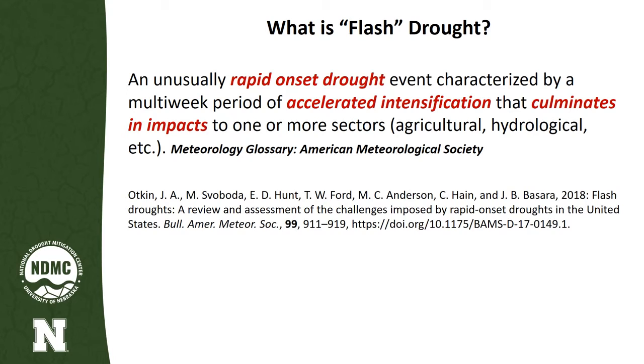In general, though, if I could borrow from the American Meteorological Society's meteorology glossary, we define it as an unusually rapid onset drought event characterized by a multi-week period of accelerated intensification that culminates in impacts. And I think that's an important distinction, because if you don't have impacts, some would argue, are you in a drought?